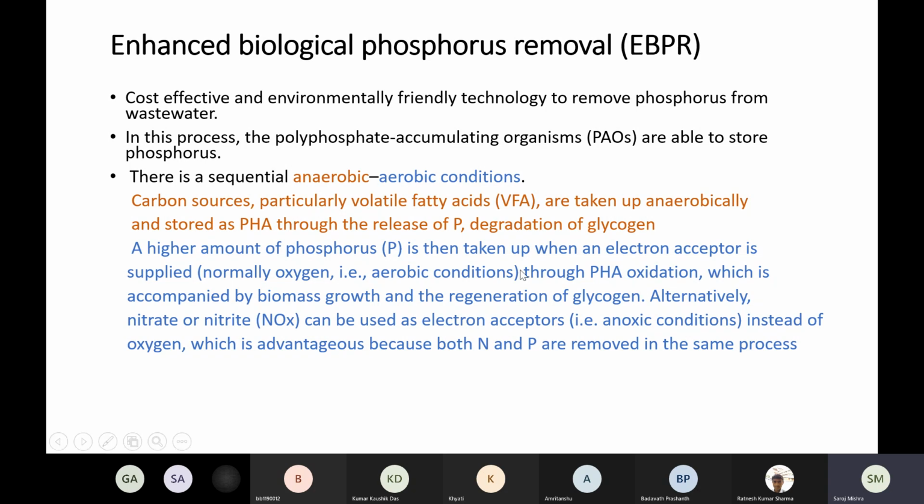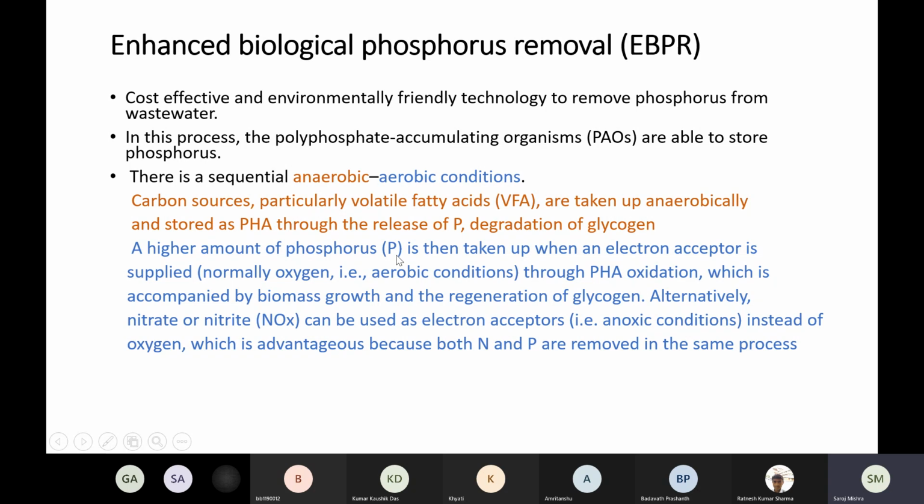Under those conditions, there is PHA oxidation. External phosphorus in the environment, in the form of phosphate, is then taken up into the cell biomass, and that is why we say phosphorus is getting removed, because in the second stage this excess phosphorus lying in the wastewaters is accumulated in the biomass of the cell. So that is what is happening.